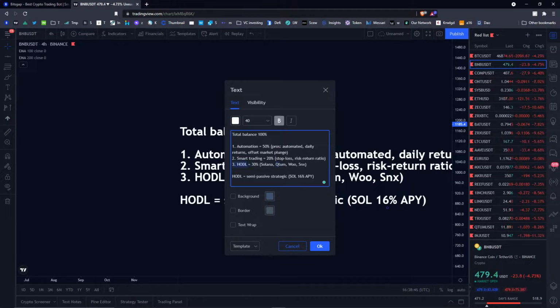In smart trading, you are the god of how you use your money and what's the profit you can make and what's the risk you take. It's everything under your control. So here you can make big money, okay?